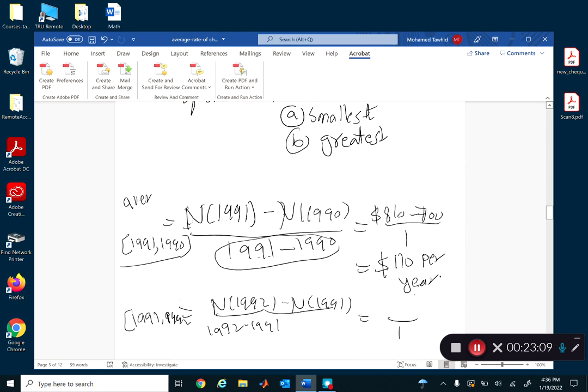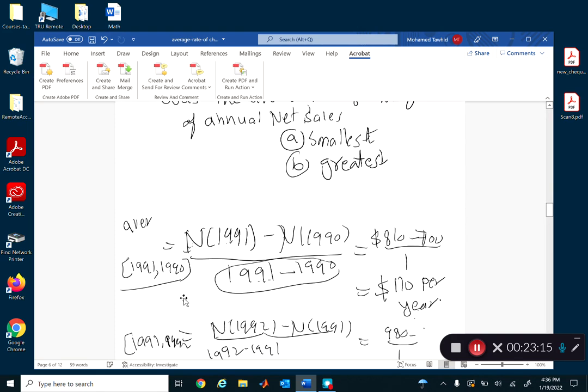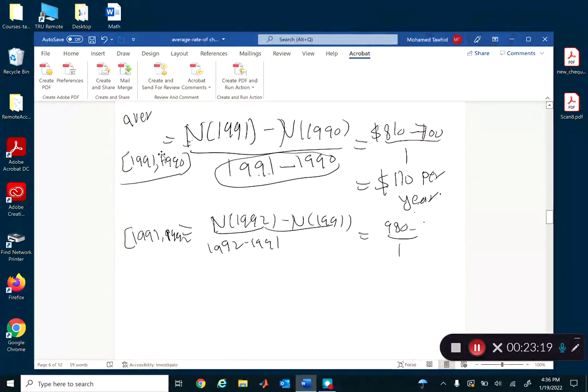So the difference gives you 170 per year. Then I have to continue with 1992 to 1993. So what is the average rate of change of this?